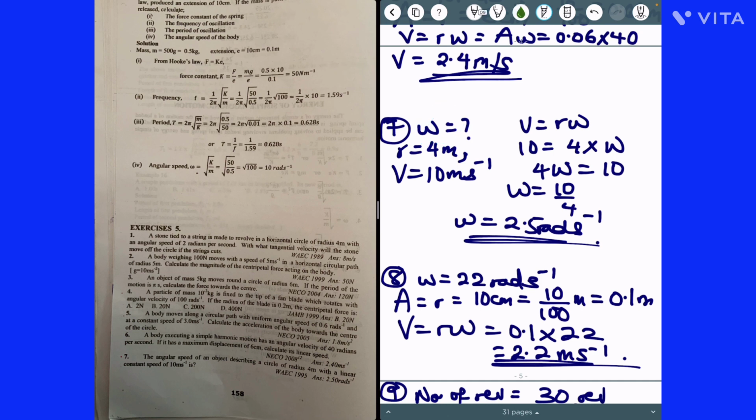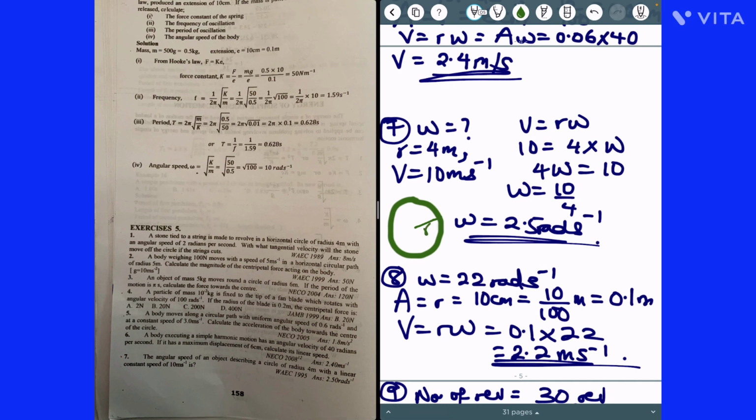Let me try and draw a small diagram that depicts the picture of everything we've been saying. If I have a circular path like this, what you have here is the radius of the circular path. That's the radius.